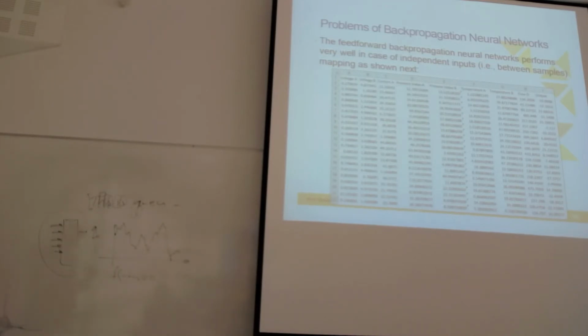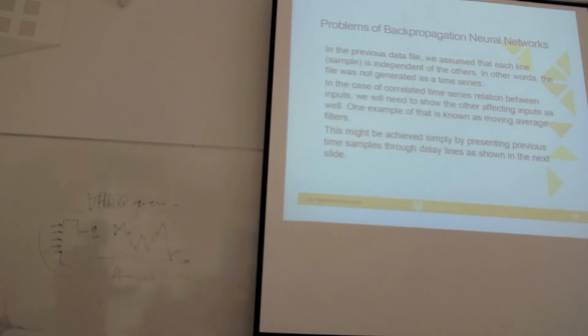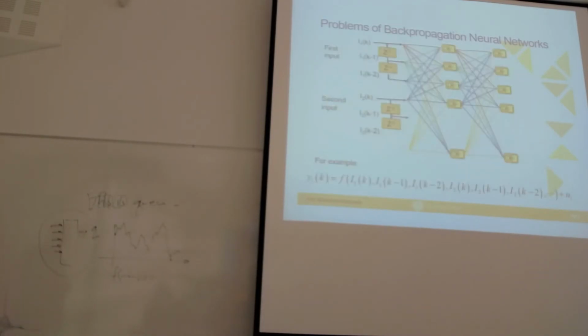Actually, what I'm going to explain for the neural networks can be applied also to the regression methods. Yeah. So one method, which looks very intuitive, is that we can add memory to our network. How to do that?